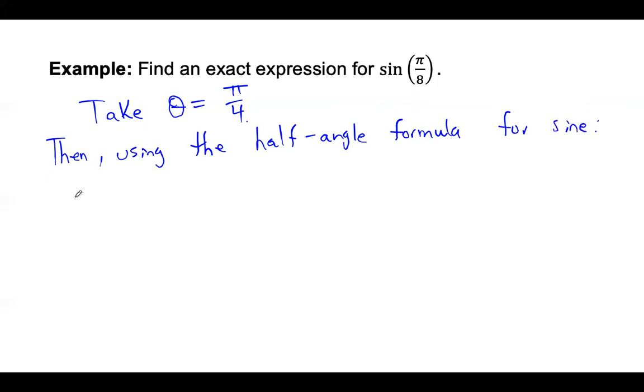So pi divided by 4 divided by 2 equals pi divided by 8. We just plug it into the formula.